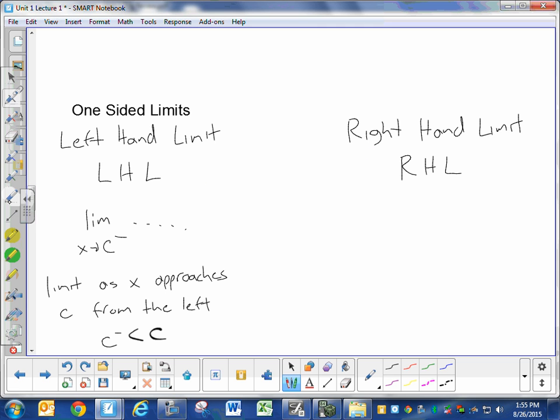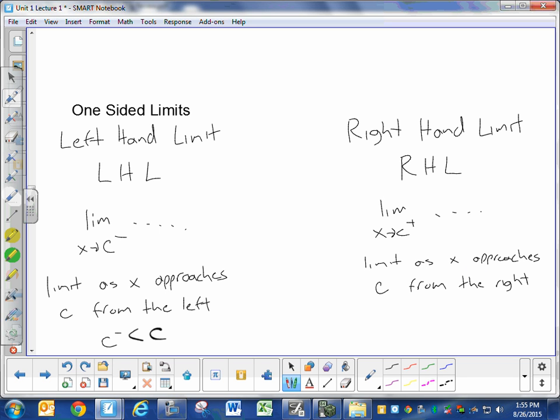The right-hand limit notation is LIM x approaches c, but with a plus sign in the exponent above c, of the other stuff. It's read: the limit as x approaches c from the right. We'll be looking at values a little bit bigger than the actual input that we're focusing on.